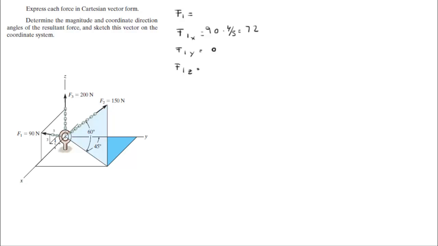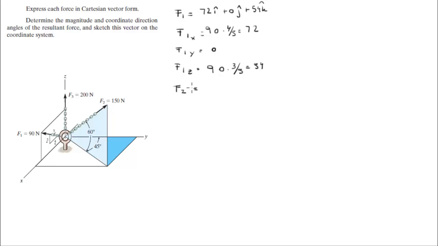The 4 over 5 came out of this triangle. And the Z component is going to be 90 times 3 over 5, which is going to be equal to 54, which came out of this triangle right here. So the value will be 72i plus 0j plus 54k. Now we got F1.